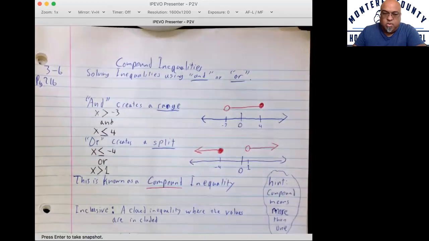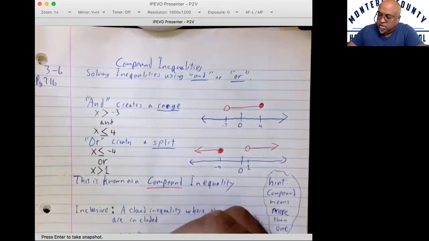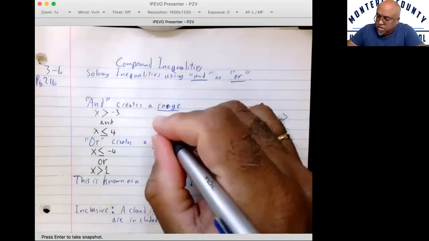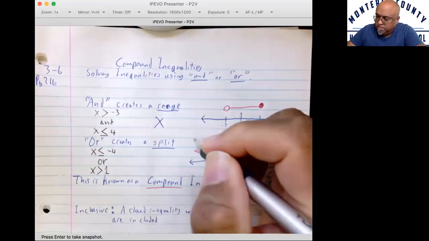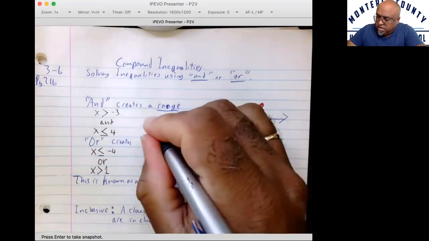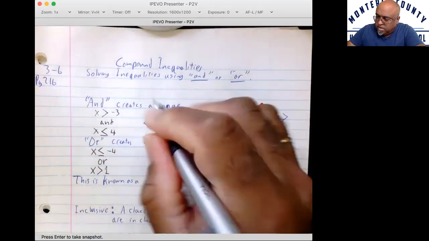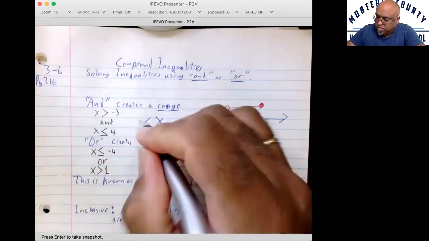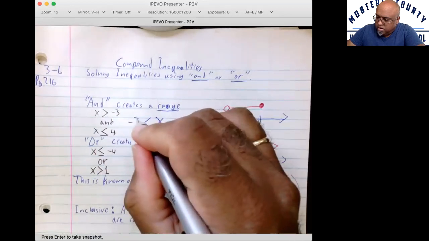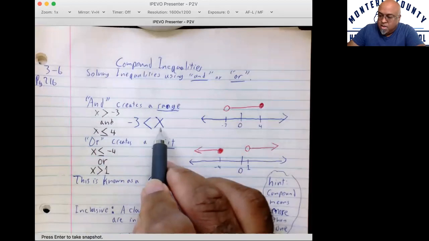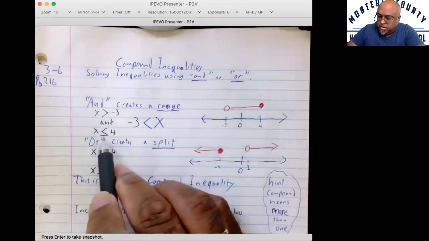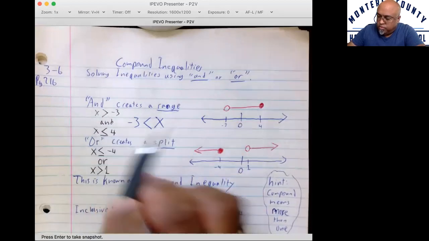Now let me show you how I'd write this as one inequality statement. I'm going to go ahead and put X right in the middle. Okay. Now we said that X is greater than -3. So I'm going to write it this way, that -3 is less than X. And I'm also going to write that X is less than or equal to 4.